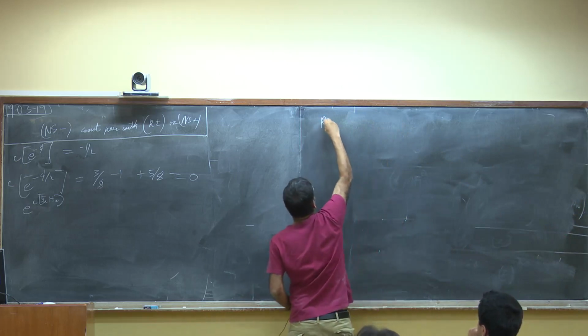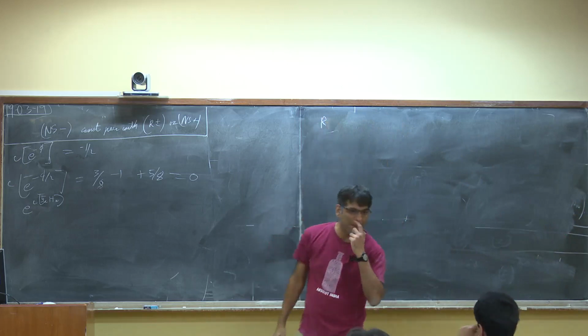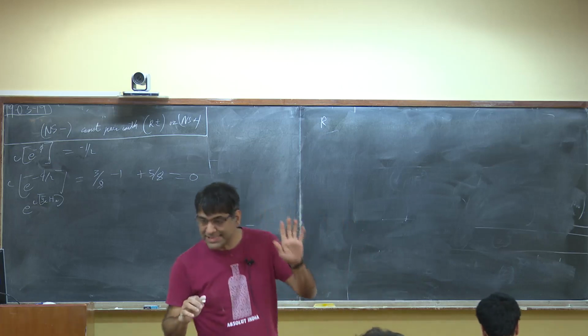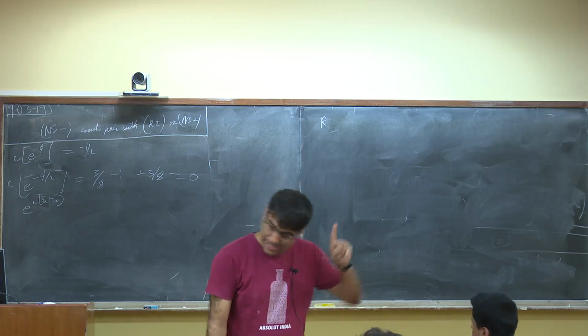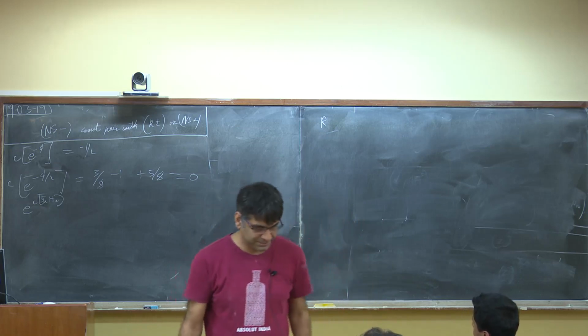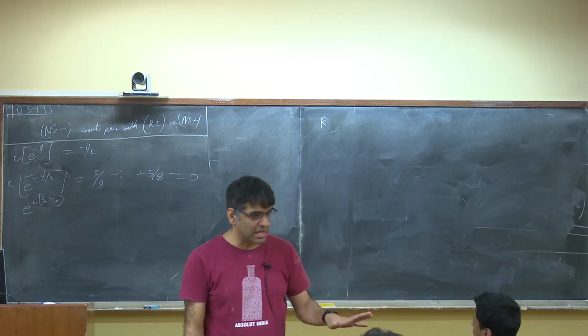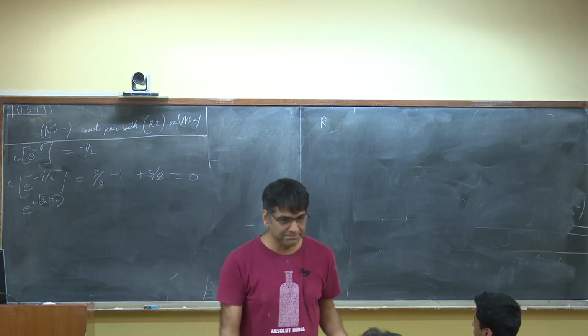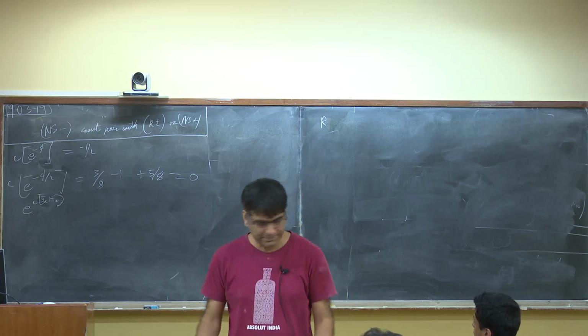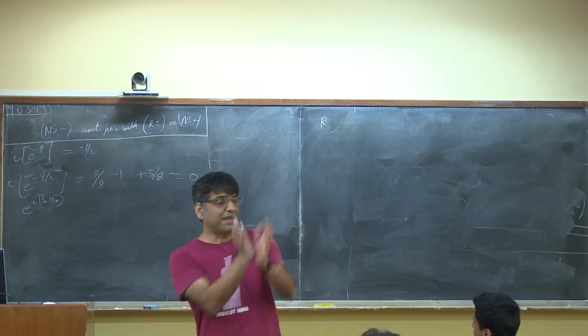Let me assume that there are two cases. Since there's at least one R sector on the left, there has to be either an R-NS sector, meaning left is R, right is NS, or there has to be an RR sector, or both. So I'm going to take two cases.